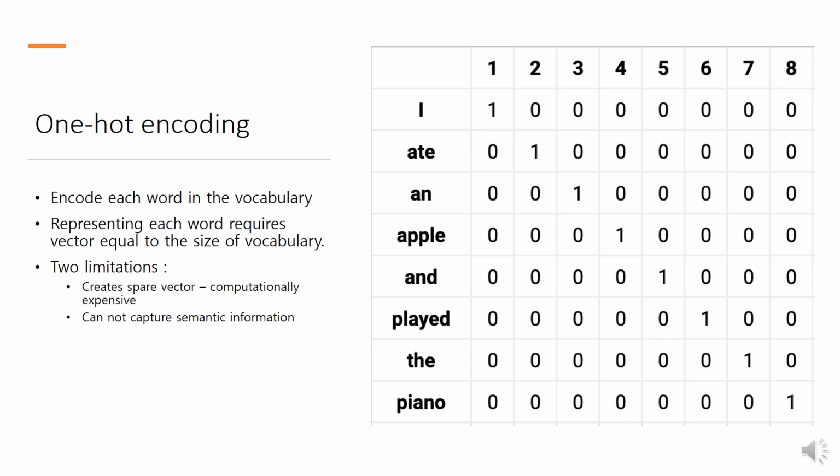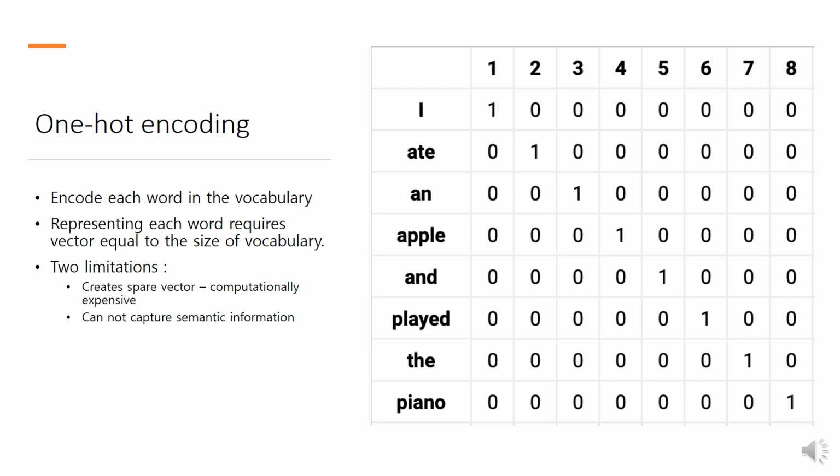So let us discuss first about the one-hot encoding approach for text representation. One-hot encoding technique encodes each word in the vocabulary. Vocabulary is nothing but simply the unique words in your data set of sentences.